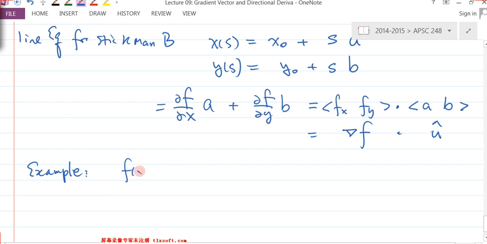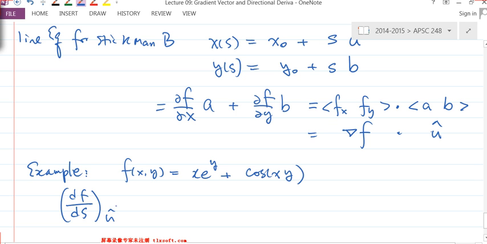I'll give you a function, x e to the power y plus cosine of xy, and try to find the directional derivative of this function at point (2, 0).